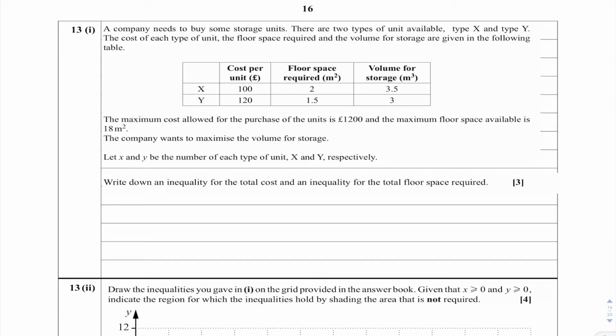In this case, question 13.1, we've got 100x plus 120y, and the cost should be less than or equal to 1,200.